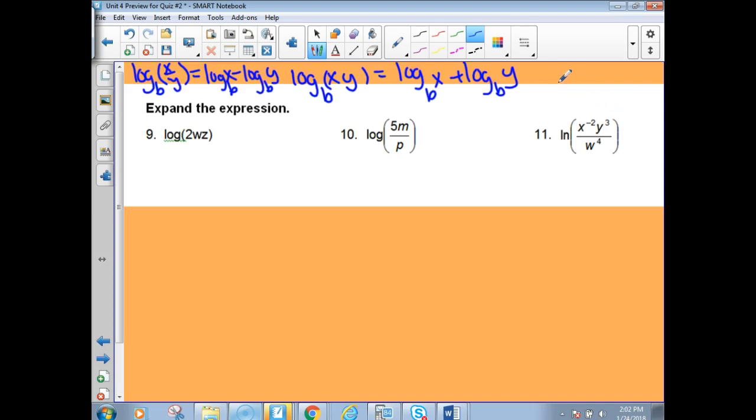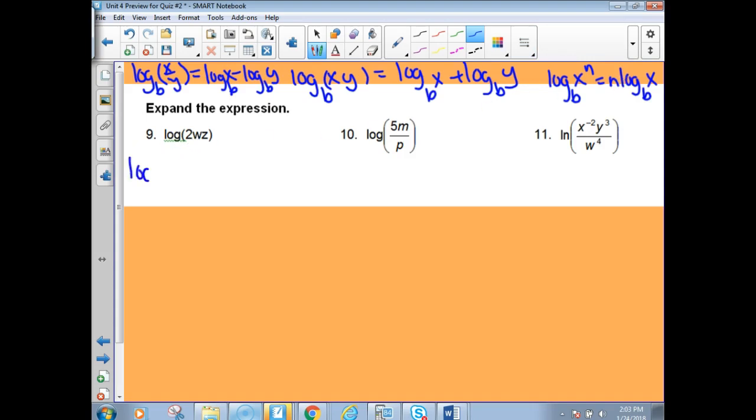And the other one was the log in base b of x to the n equals n times the log in base b of x. Okay, those are the 3 rules that we learned recently. So that's the quotient rule here, product rule, and the power rule.